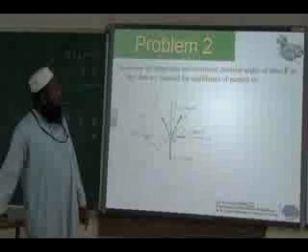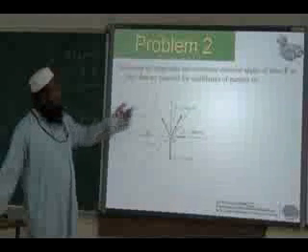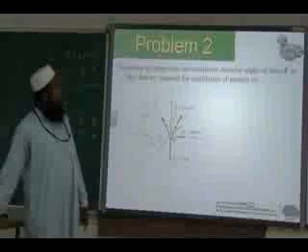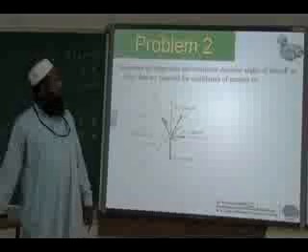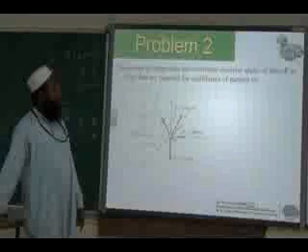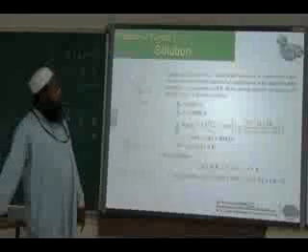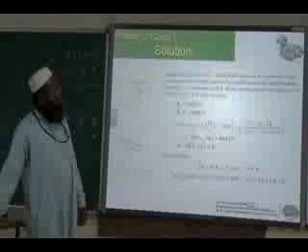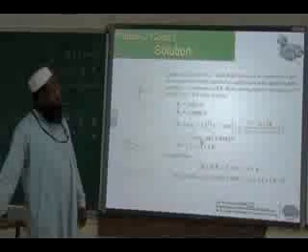For that we are given the coordinates: 2 meters to the left of Y, and the height is 6 meters. So we can find the coordinates of point B, and the Cartesian form of force F3 is now known.